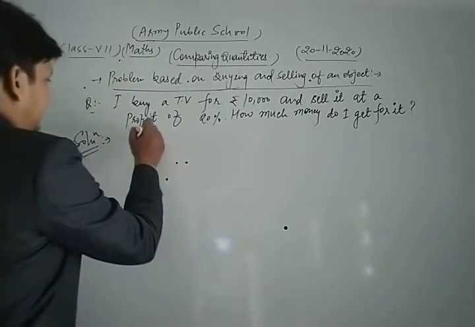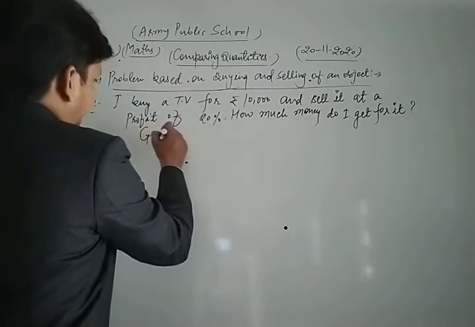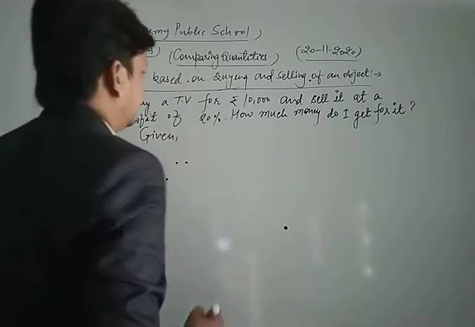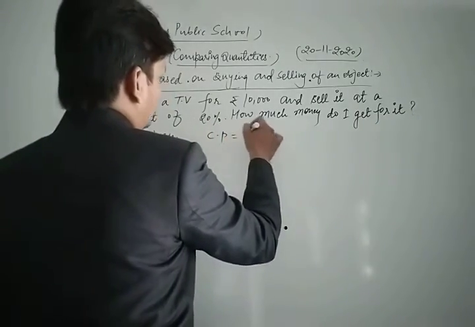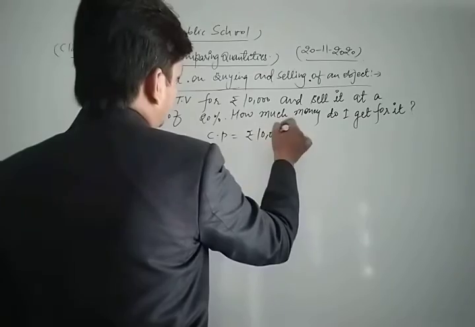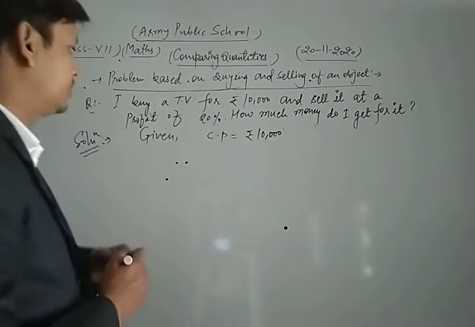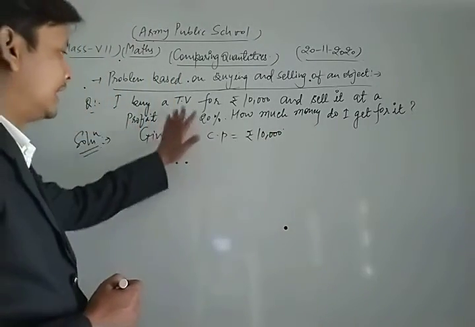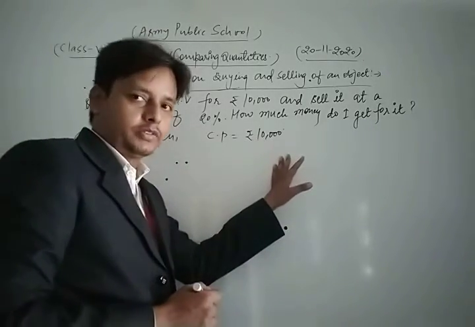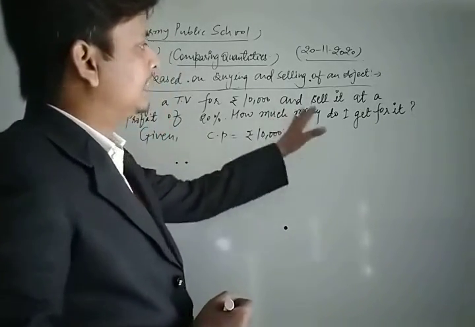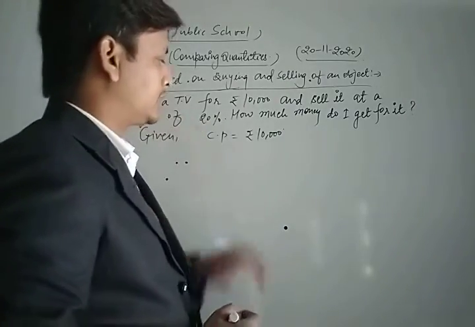So first of all, we write the given. What is the given? Cost price is rupees 10,000. So the cost price of that TV is rupees 10,000, which is given here, and it is sold at a profit of 20%.